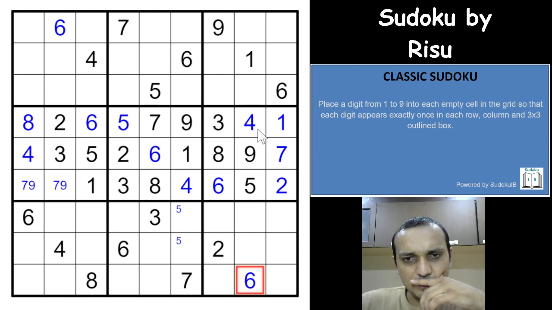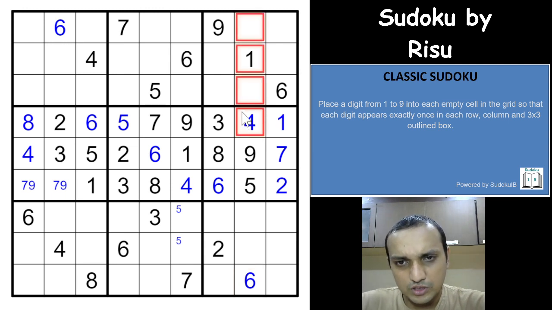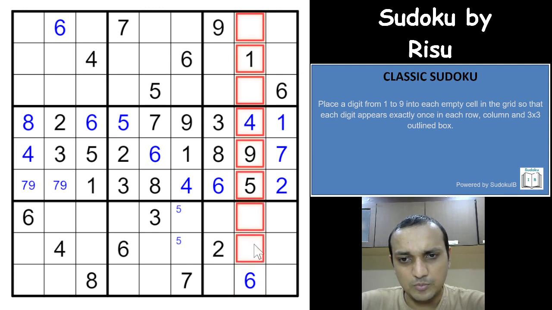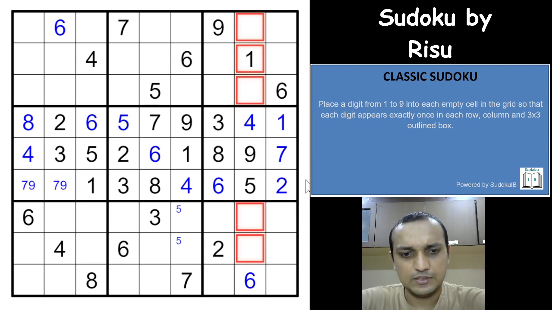So I'll go with the rows and columns where the maximum number of digits are already placed. I could see at least 5 or 6 columns where maximum digits are already placed. So these cells would have to be 2, 3, 7 and 8, right?